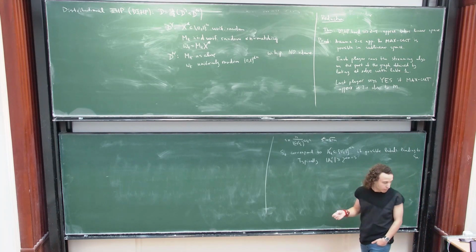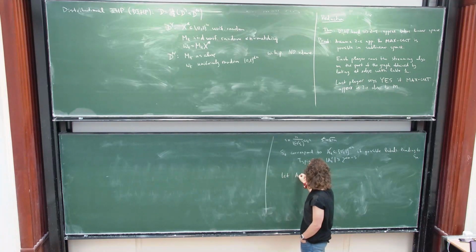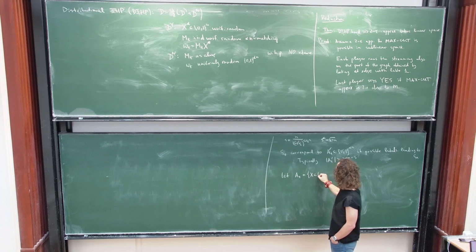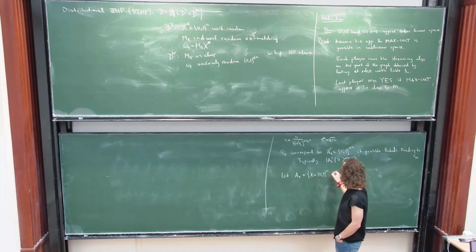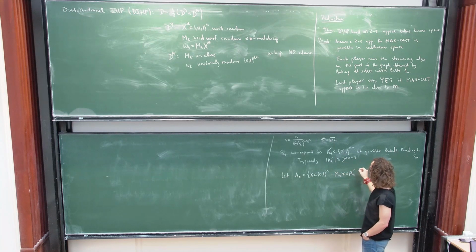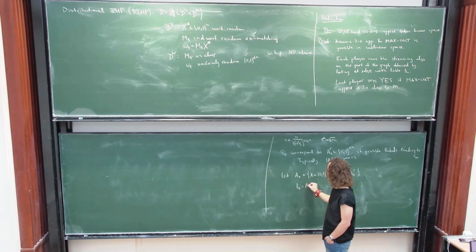So let A_t be the set of x in 0, 1 to the n such that M_t(x) is A_t prime, and B_t is A_1, etc., A_t.